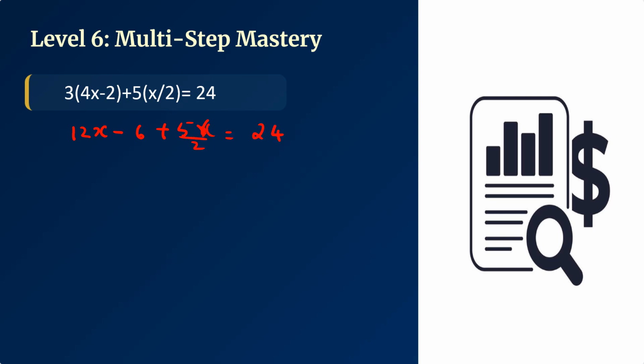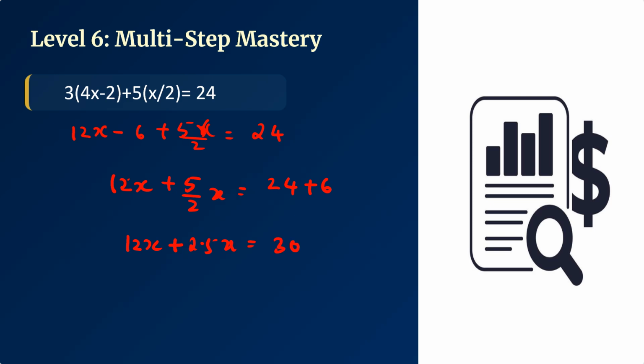Now we'll keep all the like terms together and take the unlike terms to the other side. So here you have 12x plus 5 by 2x is equal to 24 plus 6. Correct? Since you are allowed to take a calculator in the exam, you just have to use a calculator and do the calculation.